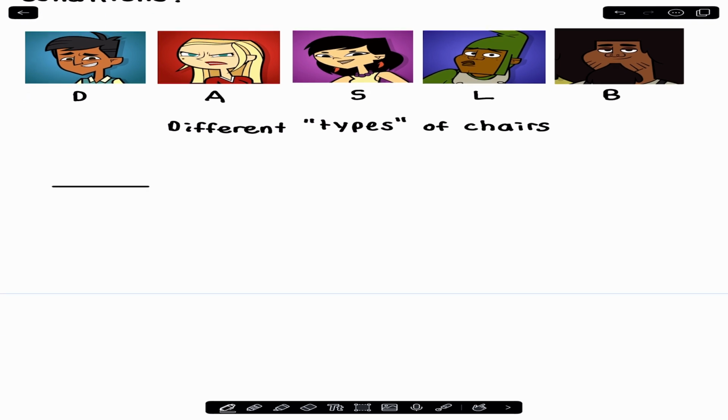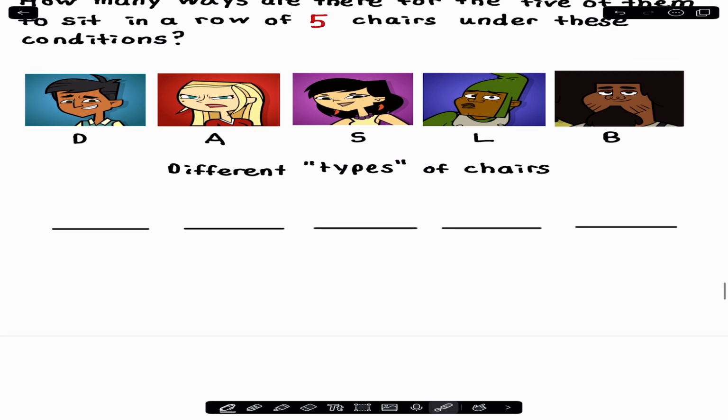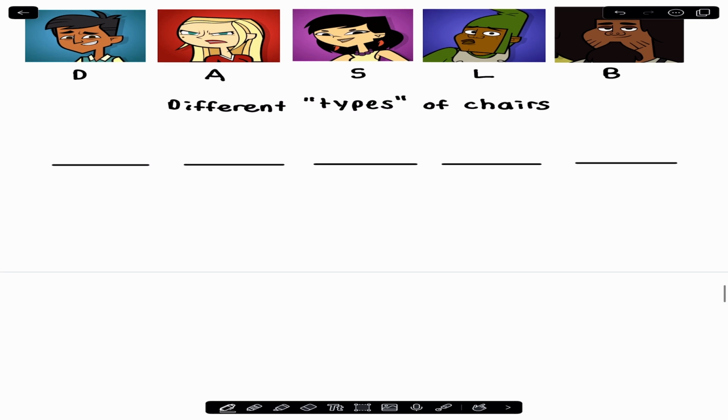Let's say we have 5 chairs, which I'm going to represent with this. So these lines, very handy in counting problems, can represent pretty much anything. In this case, they represent chairs. So this chair, we're going to call the middle chair.